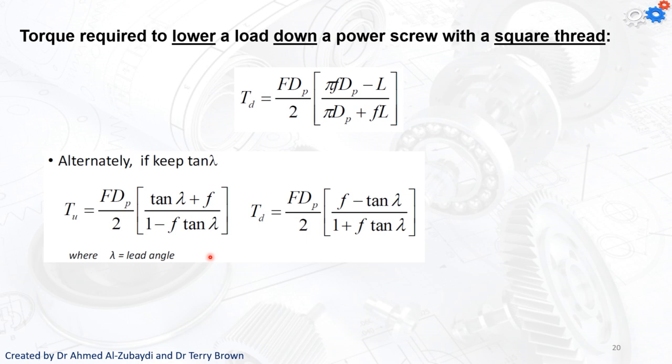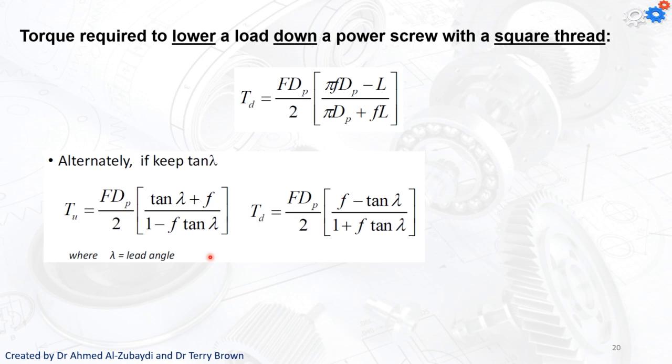So now these are the two equations. The first one is taking the load up and the second one is taking the load down. Now we have something very important in the power screw. I don't know if you used a jack before that has a power screw, but usually when you turn it, at a certain point it is going to lock itself. Same thing when you do it with a vise. It's not going to go back.